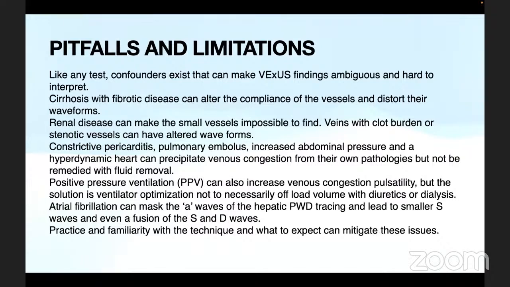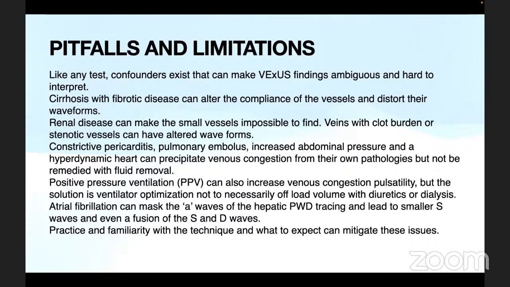Like any test, confounders exist that can make VExUS findings ambiguous and hard to interpret, mainly in conditions where the native pressures in the end organs, like cirrhosis with fibrosis or renal diseases like stenosis, can lead to natively high pressures, and in these patients, assessing VExUS may not be possible.